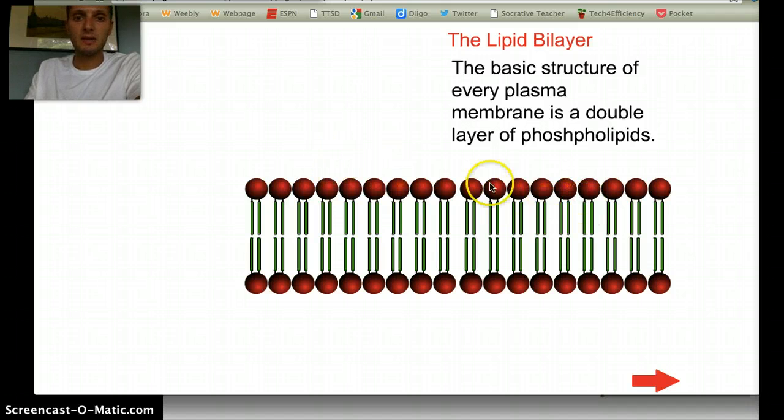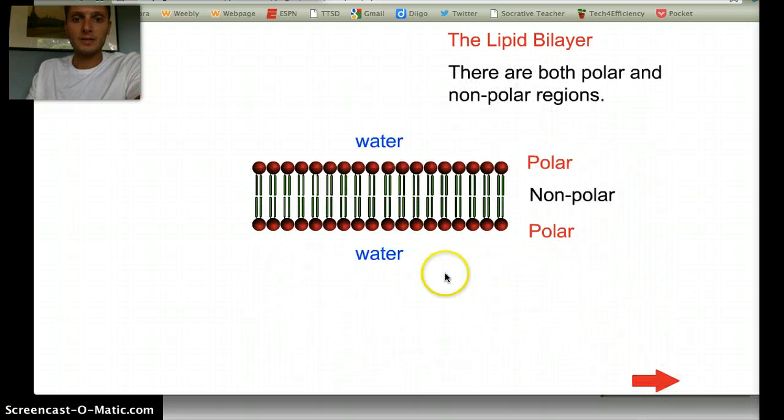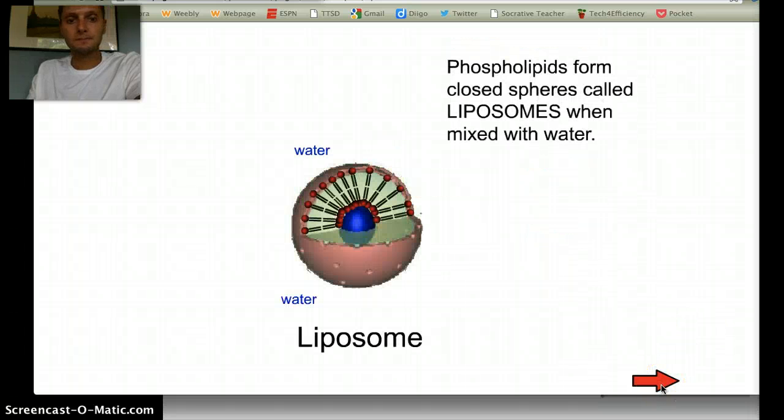Here's our plasma membrane. This is basically the phospholipid bilayer. There are regions both of polar and nonpolar, as we've discussed, water or aqueous environments on either side, our hydrophobic region in the middle. And so these phospholipids, as we discussed, close, or they form some sort of sphere that's called a liposome when mixed with water. And so the hydrophobic portion is protected because on the external and the internal is all the hydrophilic regions.